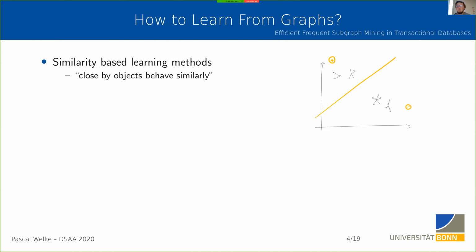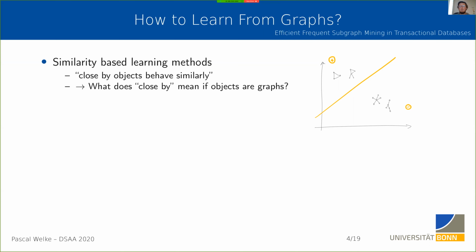So basically, you need to transform these or find anything that works with graphs. And one way of doing this would be using similarity-based methods, where you argue that objects that are close by, in this case graphs, that are somehow similar, behave similarly with respect to the thing that you want to predict, for example, right? But then again, the question is, what does close by mean if the objects are graphs?